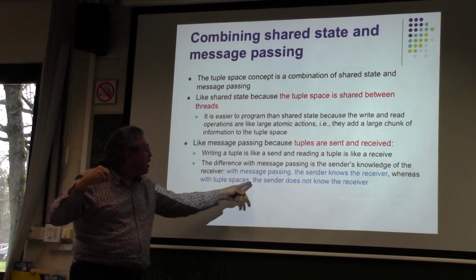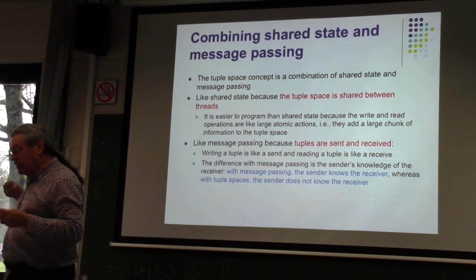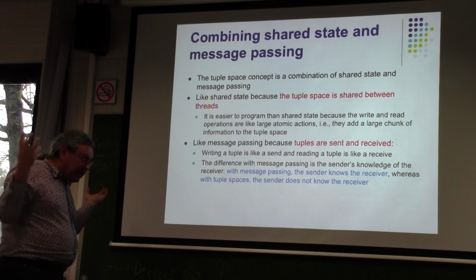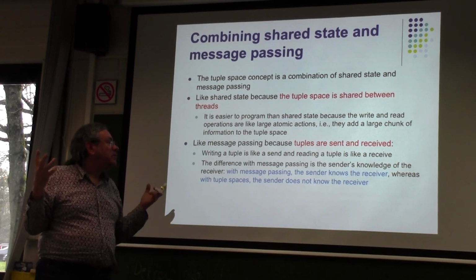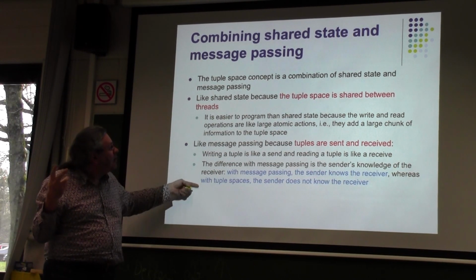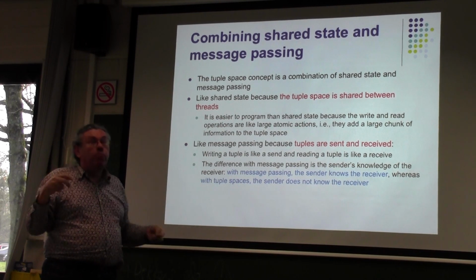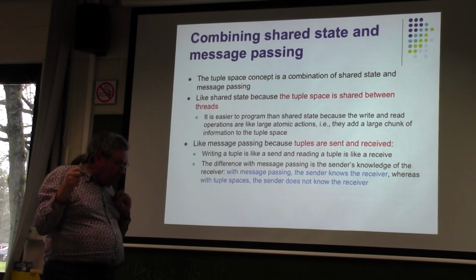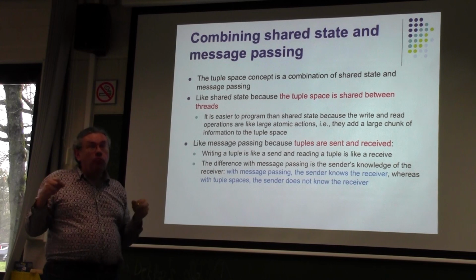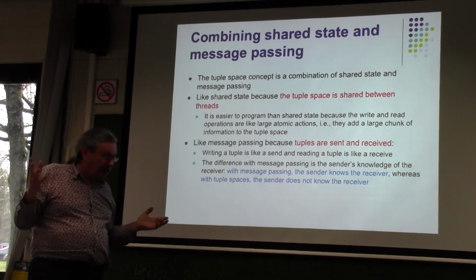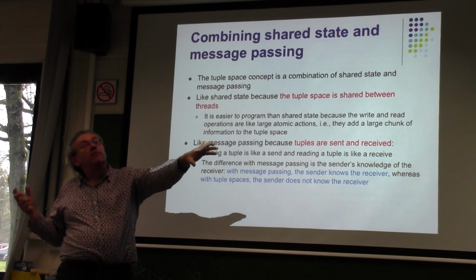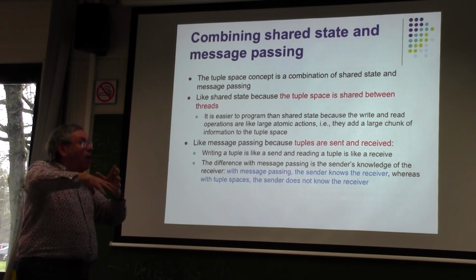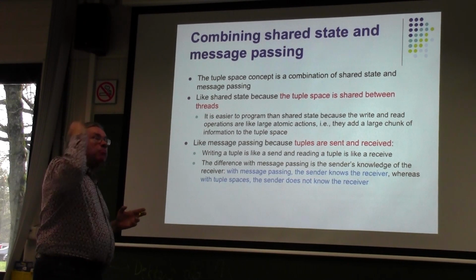So the sender does not know the receiver. So it's like sending mail where anybody can receive it. You don't know who. And sometimes that's useful, huh? Like pub/sub or printer queues. I want to print a file, but I don't care which printer. So I put a print request, and all the printers will take out print requests.